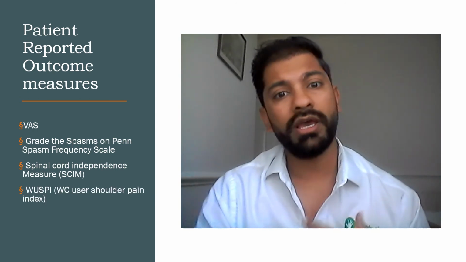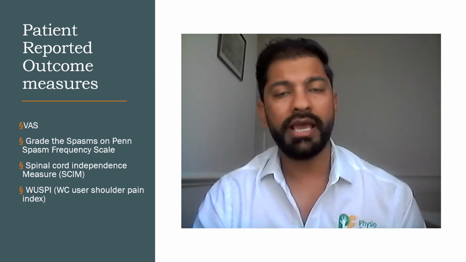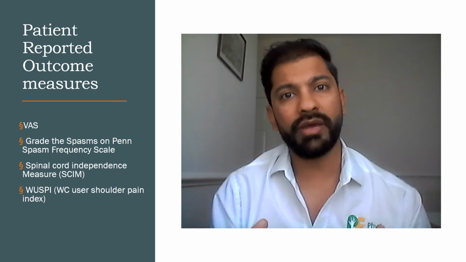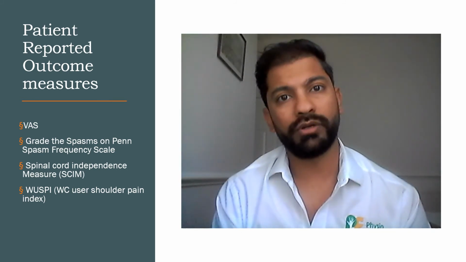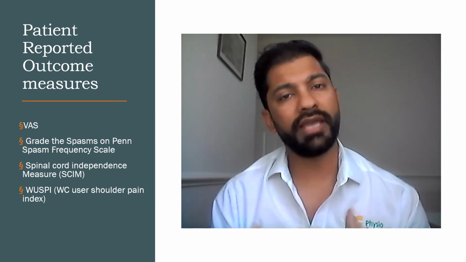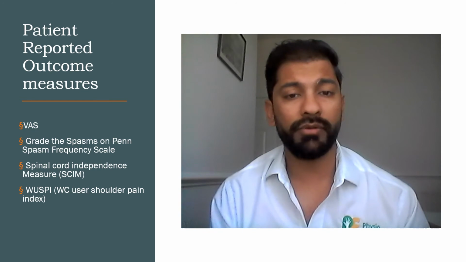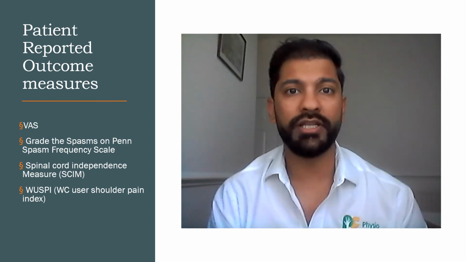I've also done the Wheelchair User's Shoulder Pain Index, and sometimes when patients are using the wheelchair quite a lot, they might end up with shoulder problems or some kind of impingement. So again, pain is one of the problems, and this identifies pain doing those wheelchair tasks.